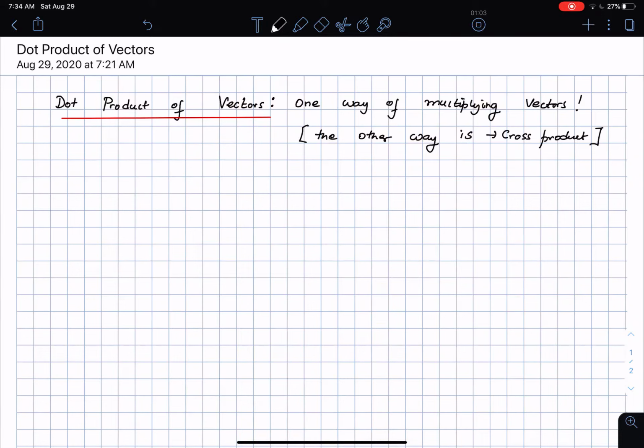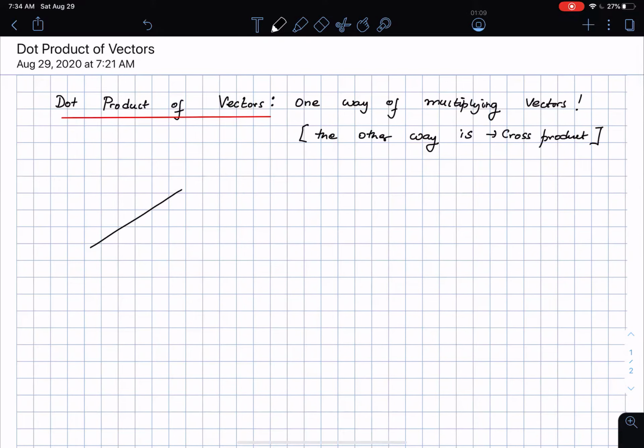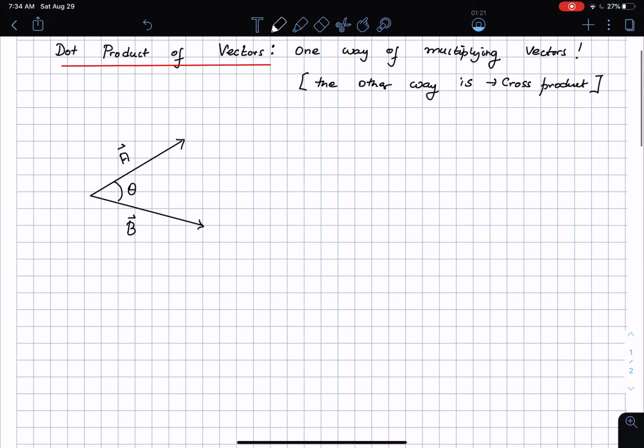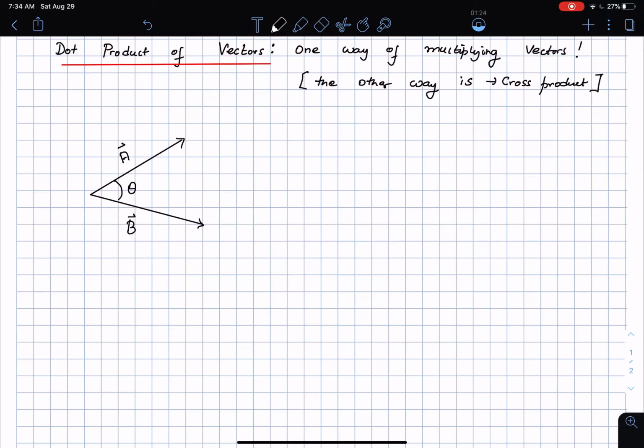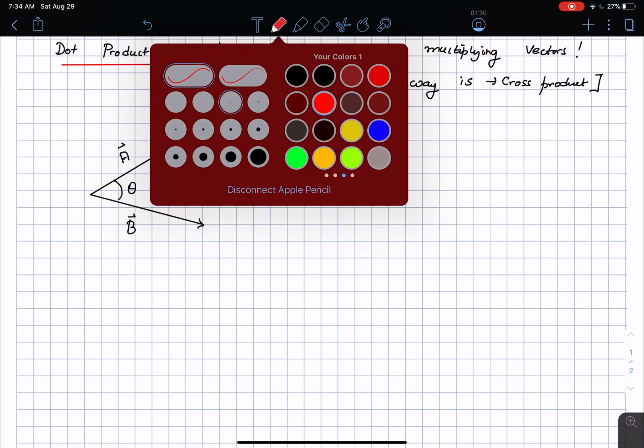So here is what I'm going to do. I'm going to take two vectors A and B. Here is vector A, and here is vector B, and I'm going to say that the angle between the two vectors is theta.